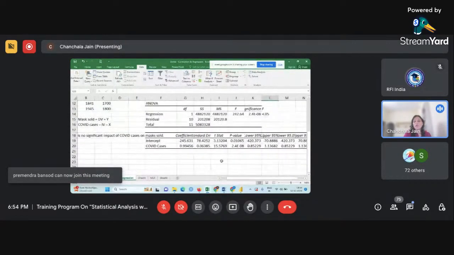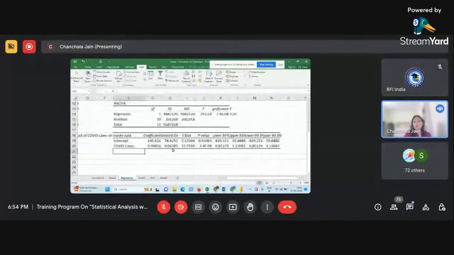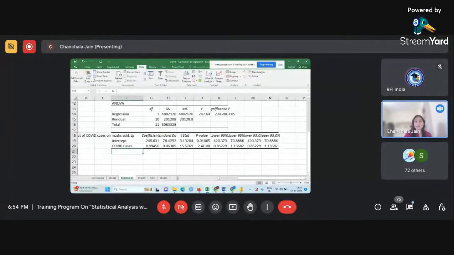Talking about further, now you can see how you will make your line. Mask sold is given as your dependent variable, and the intercept and the COVID cases are the two different things. The intercept would be your A, that is the constant term, and its value is minus 245.631. The COVID cases coefficient is 0.99456.